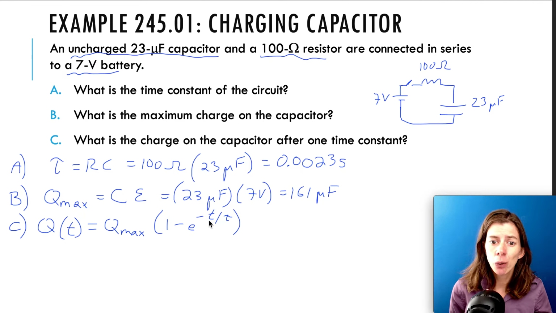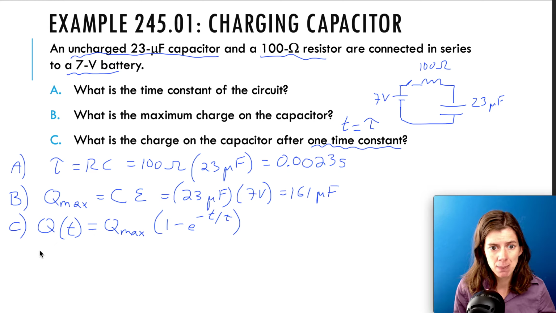Again, how do we know that it's charging? Because it was uncharged and it's connected to a battery. When a capacitor is connected to a battery, it's going to be charging. To find the charge after one time constant, our time is going to equal tau. We want to find the charge after that amount of time has passed.